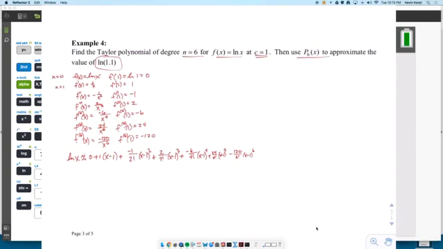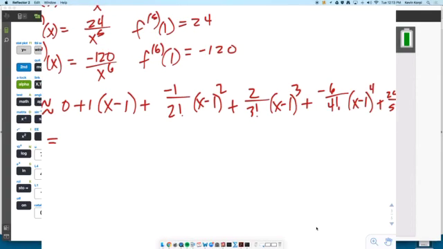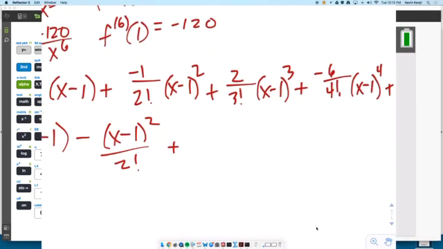All right, so now that we have that, let's do this one last thing. Before we evaluate it at 1.1, let's see if we can simplify it. Because remember, the Taylor pattern can be used for any function, but every function then can have its own inherent pattern. X minus 1 squared over 2 factorial. Plus, what's 2 divided by 3 factorial? 2 factorial is just 2. 2 divided by 3 factorial, well, 3 factorial is 3 times 2, right?